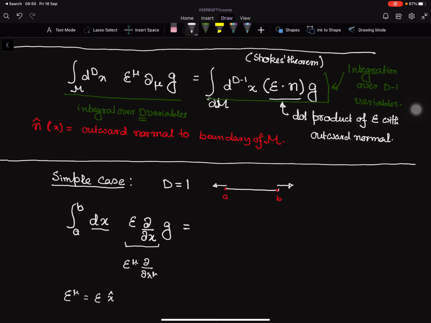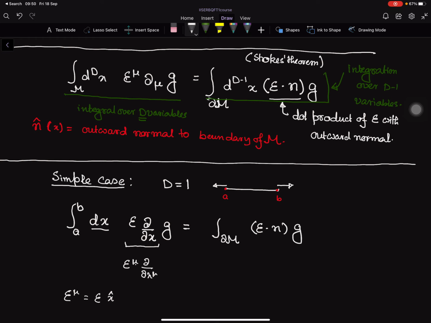Then from the left hand side, what do we get? From the right hand side, what do we get? From the right hand side of Stokes theorem, we get that this quantity must be evaluated at the boundary: epsilon dot the normal vector times g.